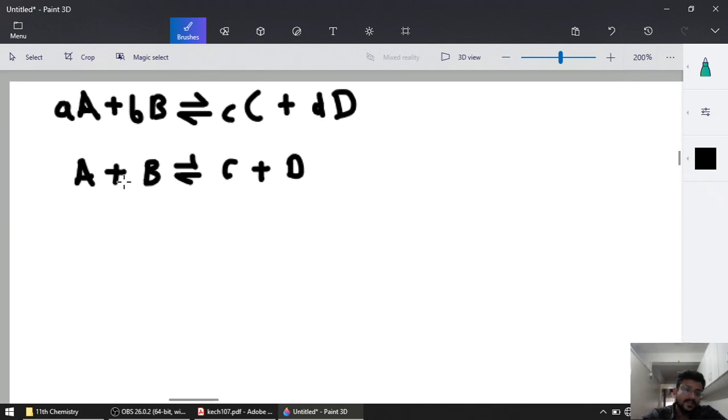Forward means A plus B gives C plus D, and backward, or you can say reverse, means C plus D gives A plus B. The reaction must be forward and backward, and that's why the arrow has been changed. Instead of a one-way arrow, there is a two-way arrow.